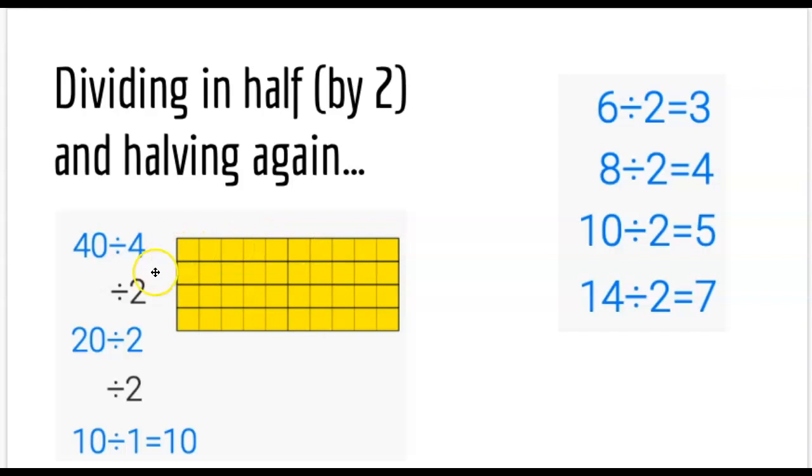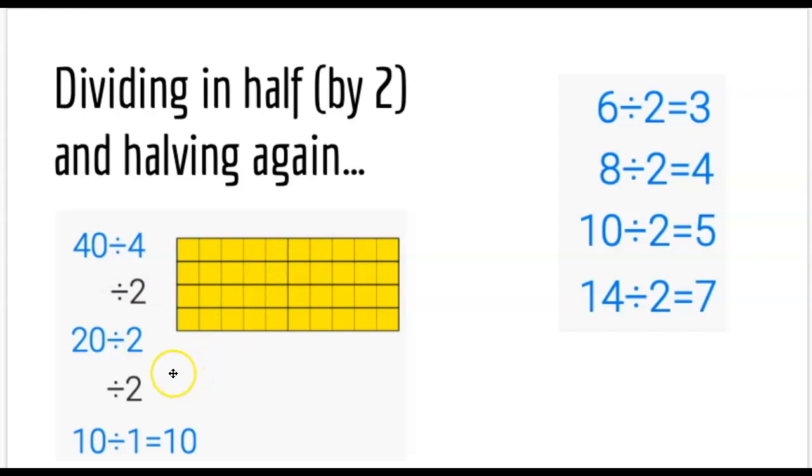But let's see what happens if we reduce this division problem. So here we're going to divide both the 4 by 2 and the 40 by 2. So it makes the problem 20 divided by 2. So here if we take 2 of these rows, we know that 20 divided by 2 is going to be 10 in each row again.